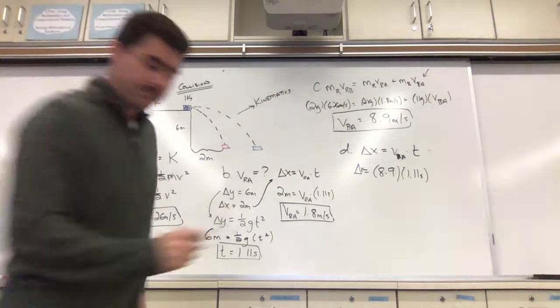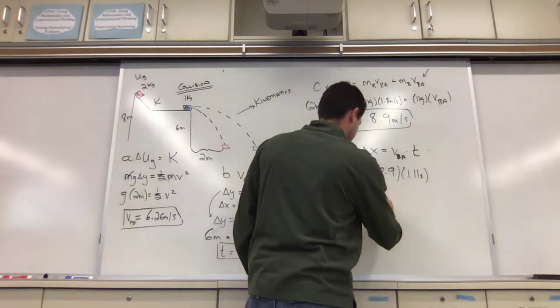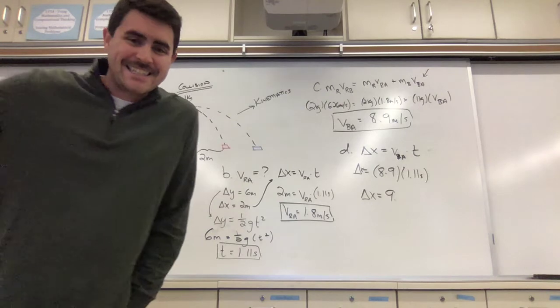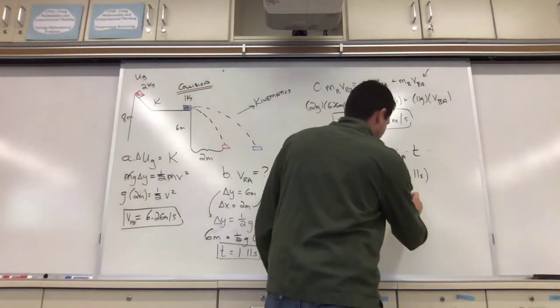I get delta x equals 9.879. I'm going to call that 9.9.